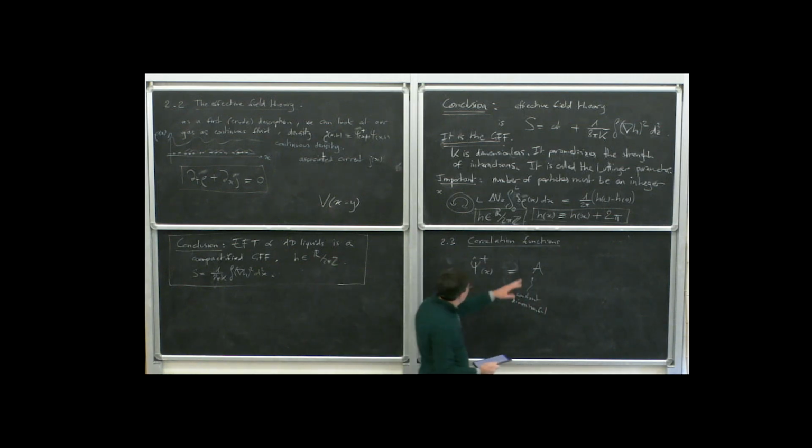It depends on the microscopic details of the system. So this constant in general we don't know, or at least it's not provided by the field theory argument. But then it's this constant times an operator in the field theory, and this operator in the field theory we can identify.